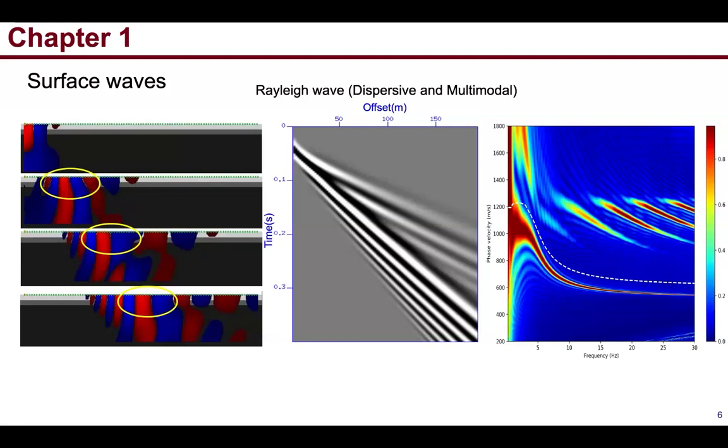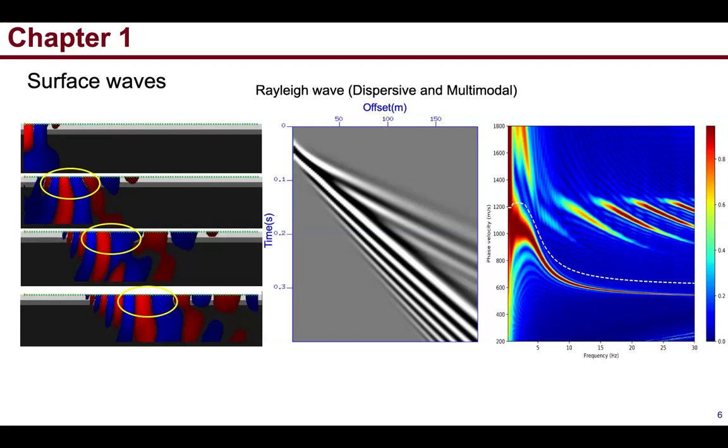In our study, we want to use surface waves to investigate the near surface. Our first question is how we can utilize these surface waves, so we need to know some features of surface waves. We know in 2D cases, if we ignore the anisotropy, the surface waves are mainly Rayleigh waves. They propagate along the surface, and they have two important features.